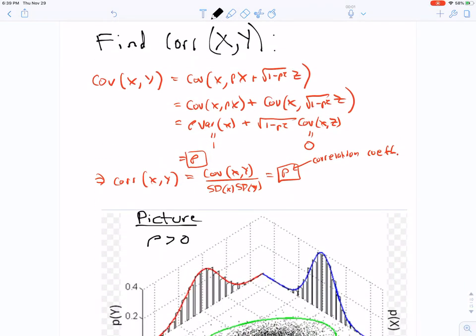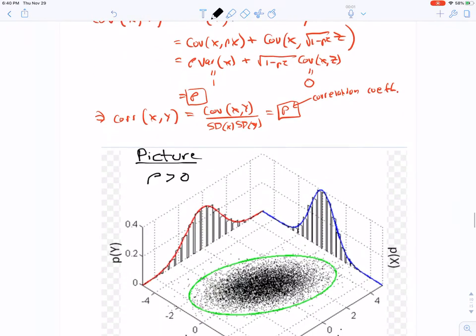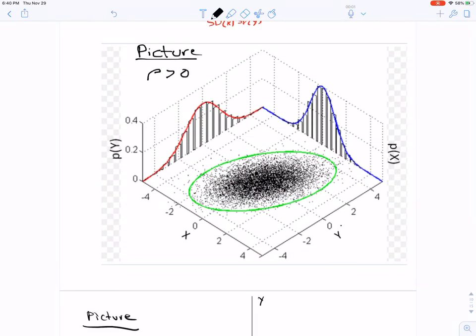So then we explored some basic properties of bivariate normal, namely you found that the correlation of X and Y is rho, which it should be. We looked at a picture of this, and basically you can think of the bivariate normal as having a joint density over the plane, essentially lying over this oval shape here.